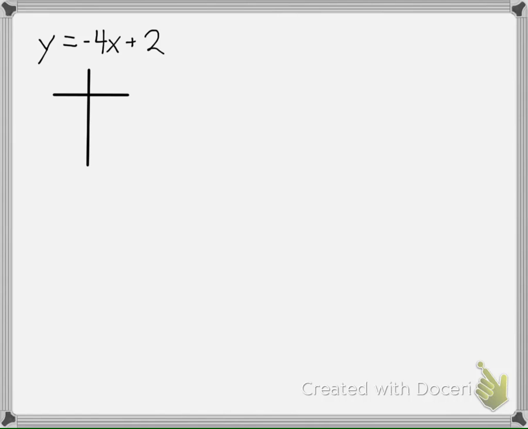Now, if you remember when we first started talking about functions, there are several names for x and y. X can be called the input and y the output, or x is the domain and y is the range, or x is the independent variable and y is the dependent variable.